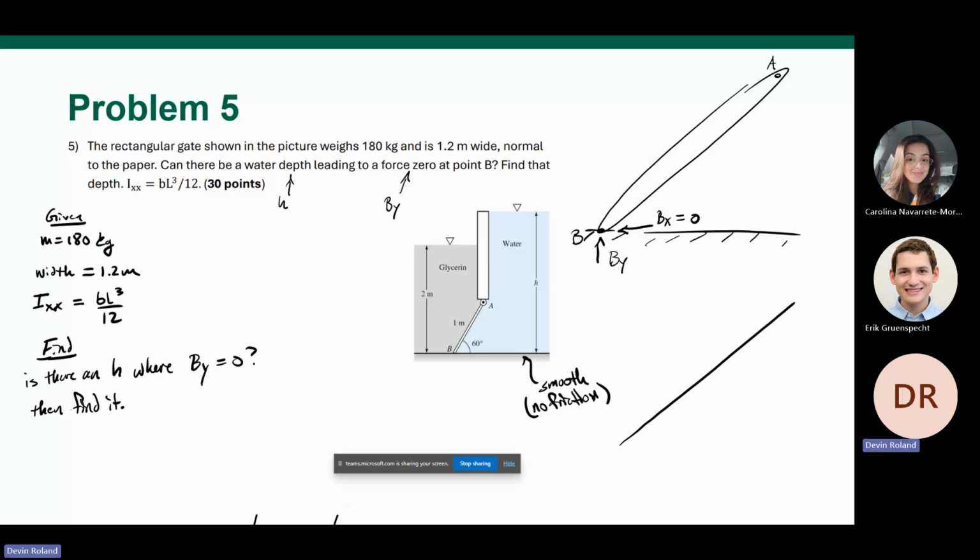Here's B. Then we have our floor like that, and our hinge at A. We're going to have a force from the glycerin, and a force from the water.